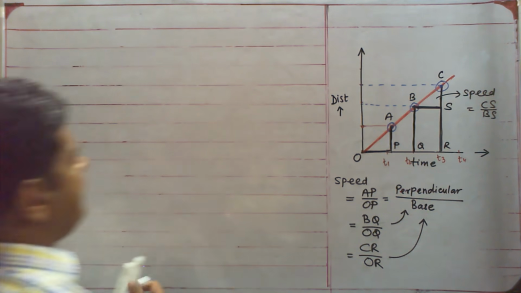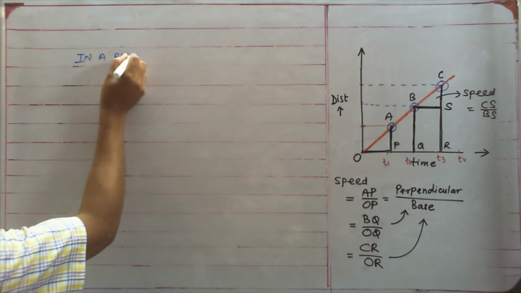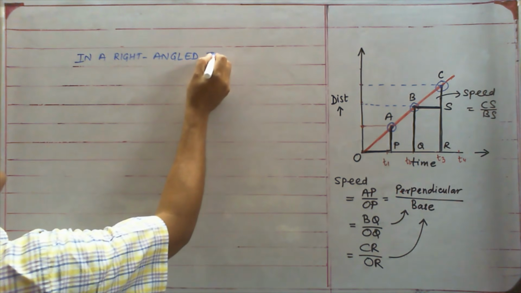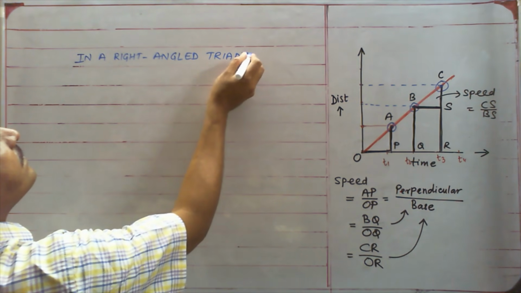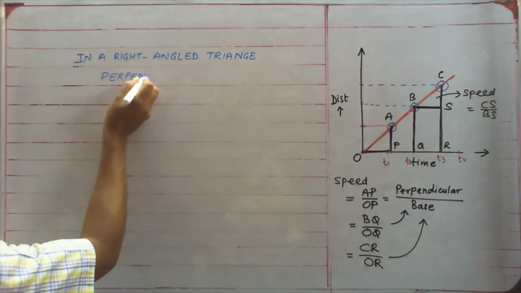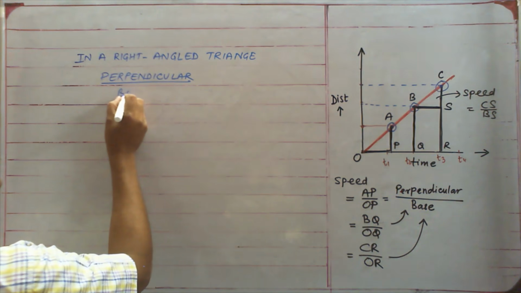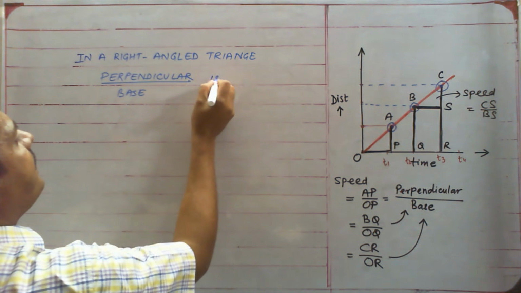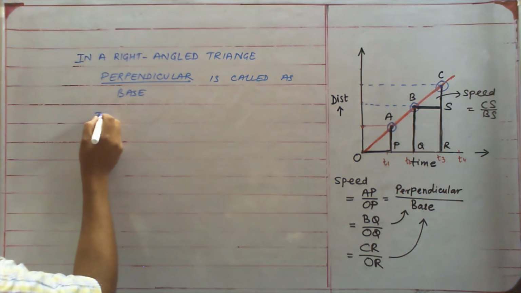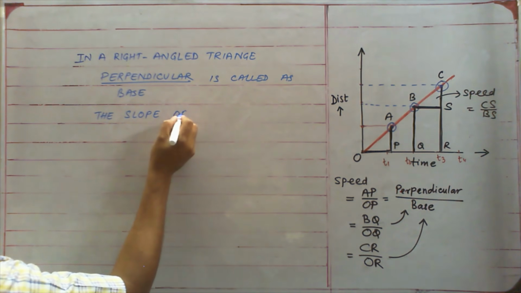In a right angled triangle, perpendicular divided by base is called as the slope of the graph.